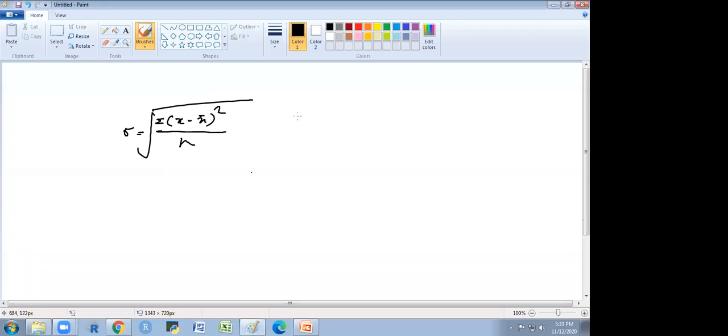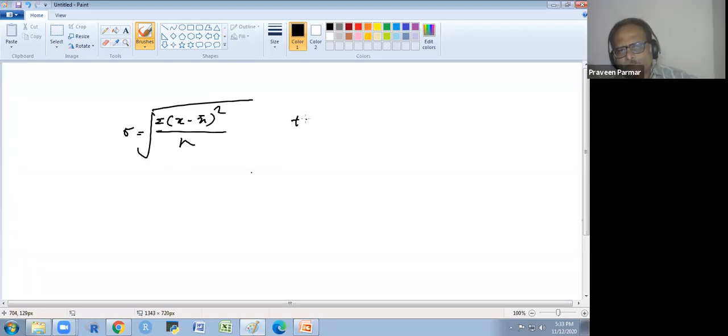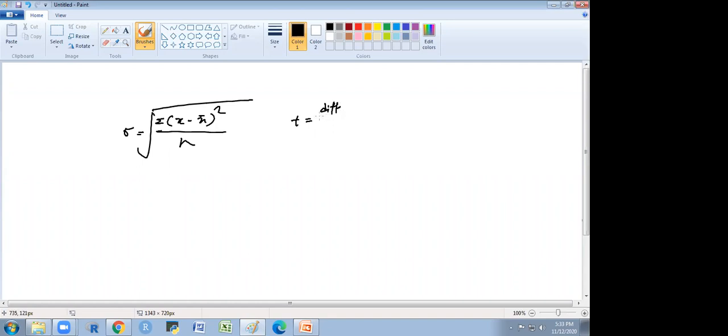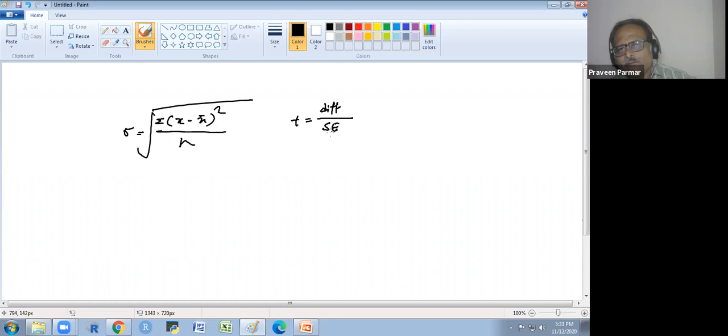And you are going to find out the t-test. T-test is what? If we are taking the two-sample t-test, it is the difference of the means, and then we write down the standard error. So this is the standard error.